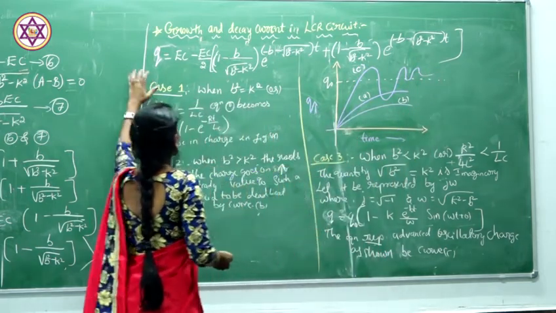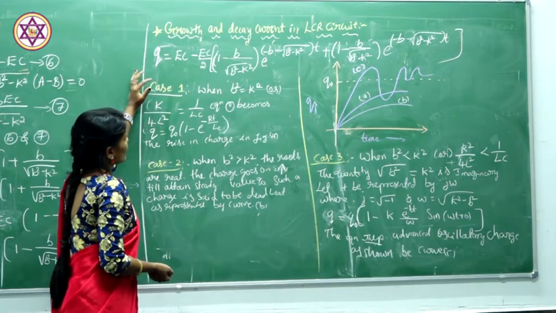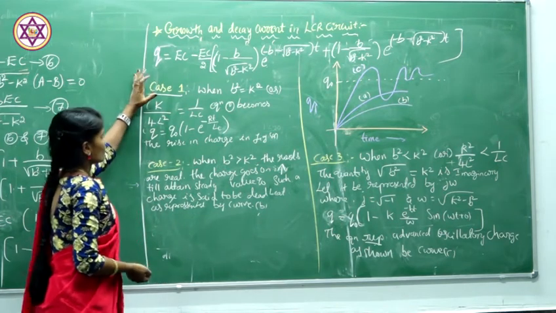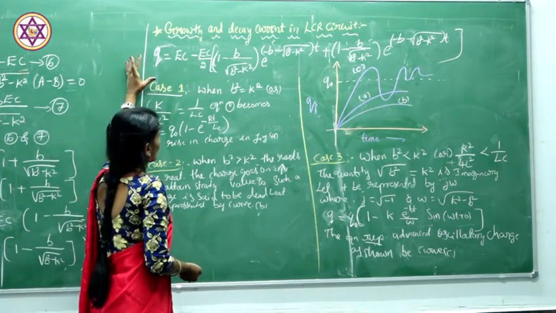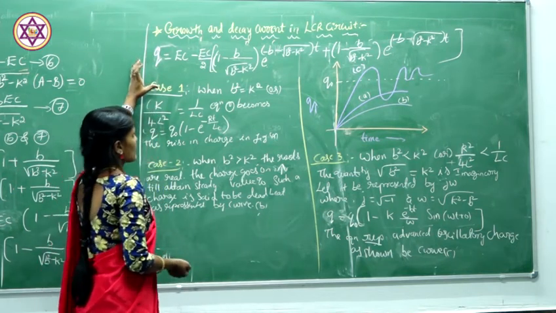This is the expression for growth and decay current in LCR circuit.